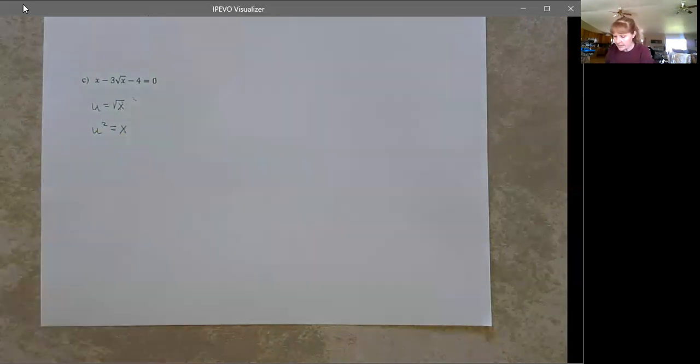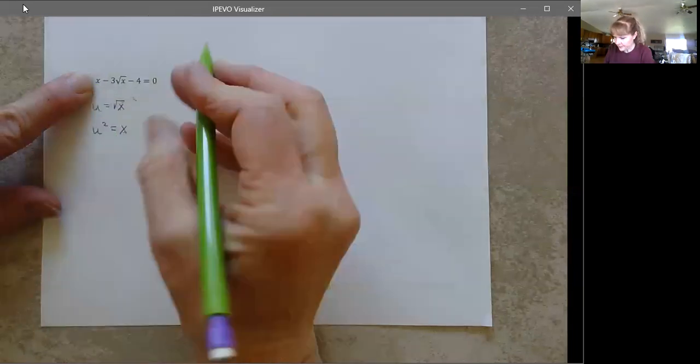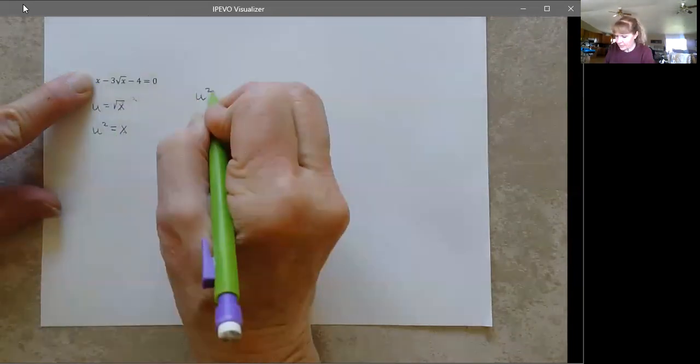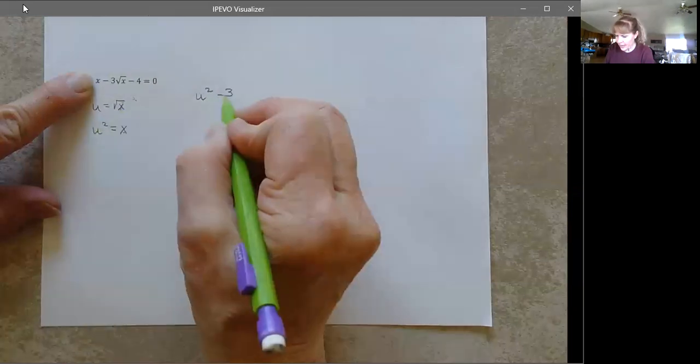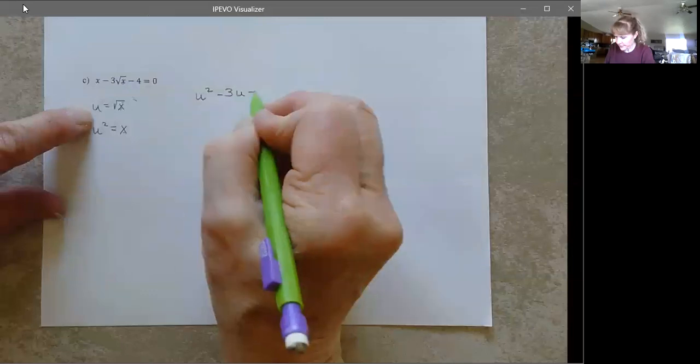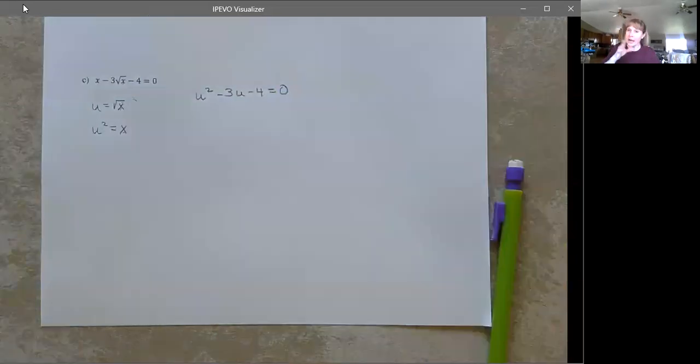So the x will become u squared, and the square root of x becomes a u. You might like this method better than isolating that square root and squaring both sides. Sometimes it'll work, sometimes the substitution won't work.